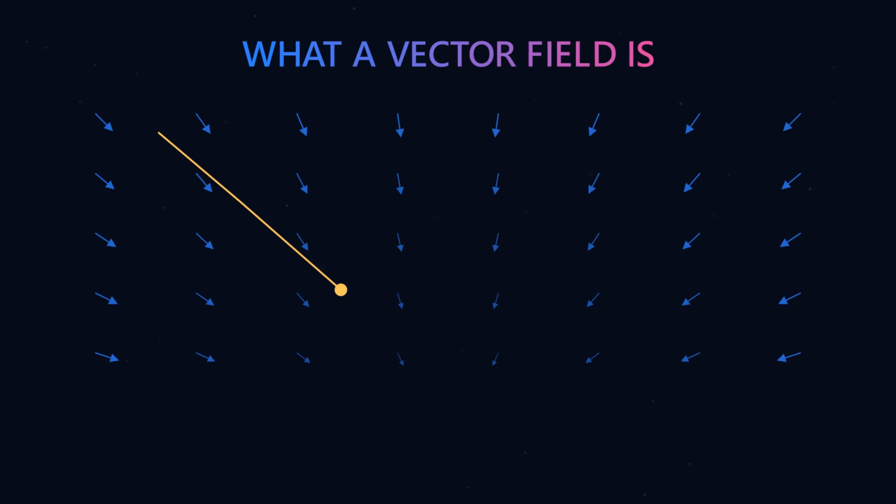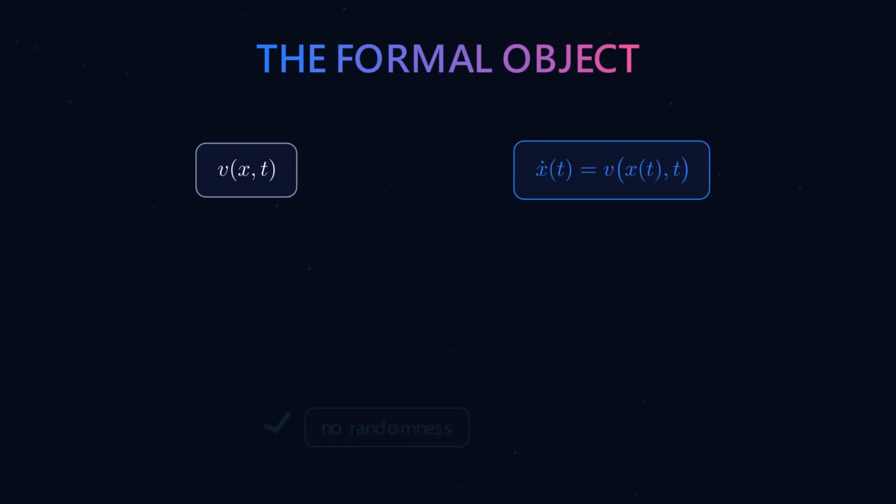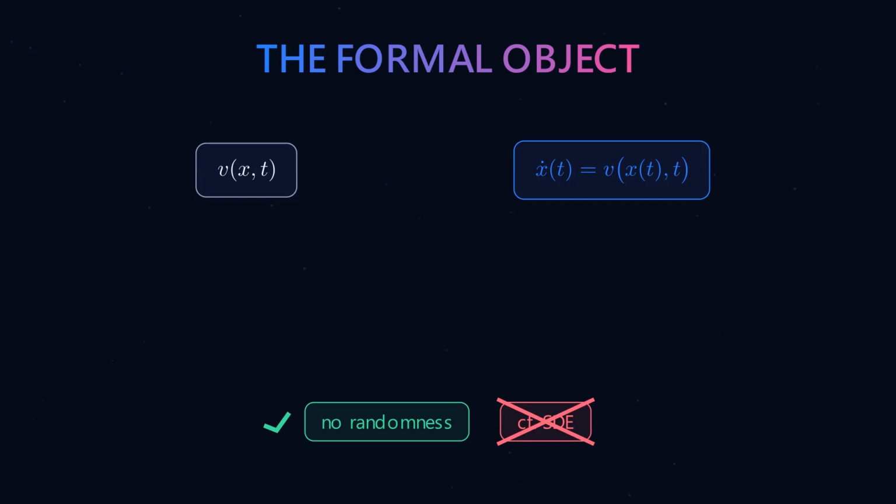called a flow line. Mathematically, we write this velocity field as v(x, t), a function of both position x and time t, because the arrows themselves are allowed to change as time moves forward. At time 0, the arrows might all point one way. By time 1, an entirely different pattern. A particle's trajectory x(t) is then defined by one deceptively short equation.